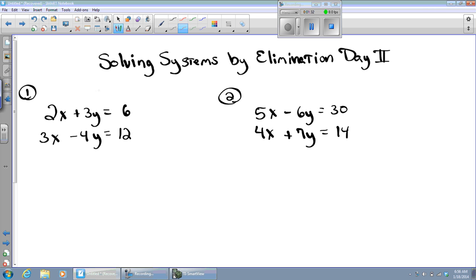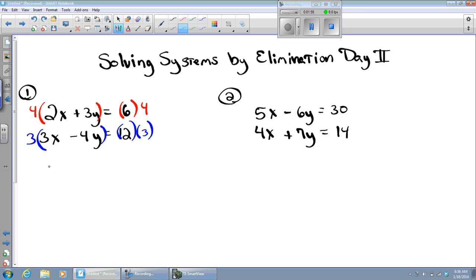So I'm going to multiply the top equation by 4, but I'm going to multiply the bottom equation by 3. How did I know that? Well, I found the least common multiple of 4 and 3. It's 12. So that's what I decided to do.